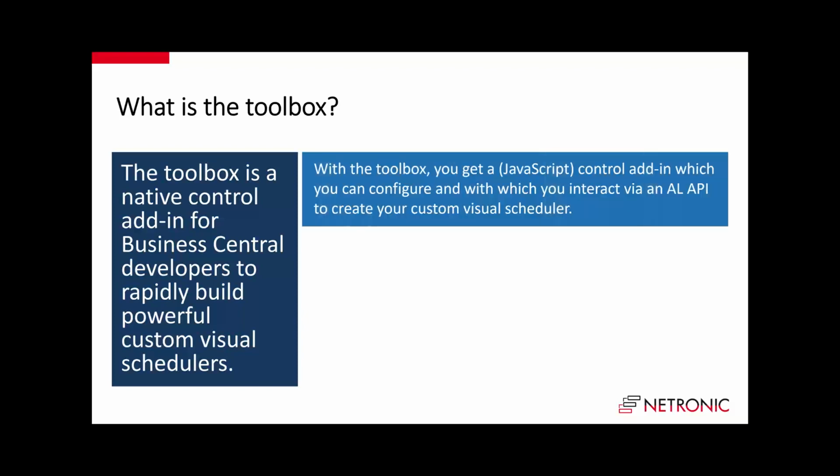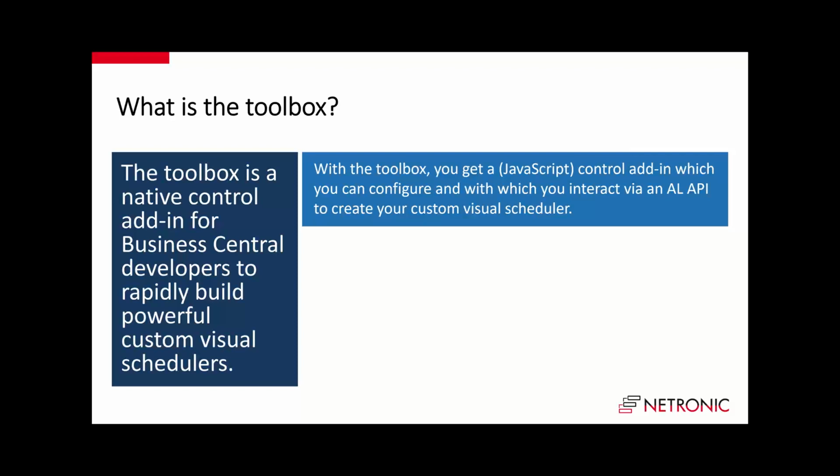So what you get with the toolbox is a JavaScript control add-in, so a control add-in that renders in the web client. You can also render it and run it in the Windows client, but the toolbox that we look at today is made for the web client and for Business Central. And you can configure this control add-in and interact with it via an API that is in AL.